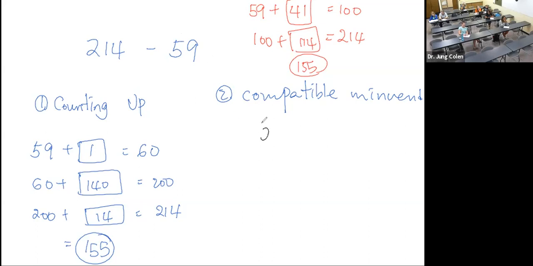So what we're gonna do here is take away 60 instead of 59. Then what happens to the other number? How do I change this number? 215 or 213?